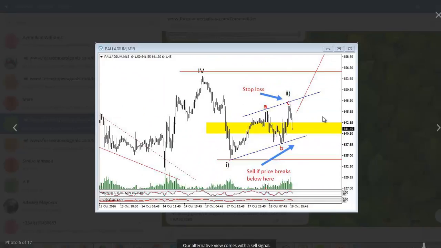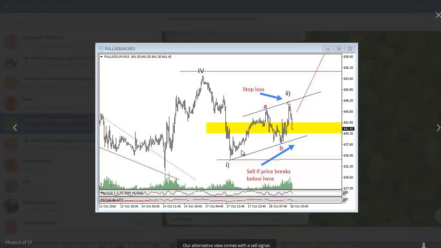Okay, fine. So we had this scenario that probably the fifth wave has not ended yet. We labeled this as the fifth wave before. But this move here will actually look corrective, and after this corrective move, we're thinking that probably the fifth wave is still about to happen.